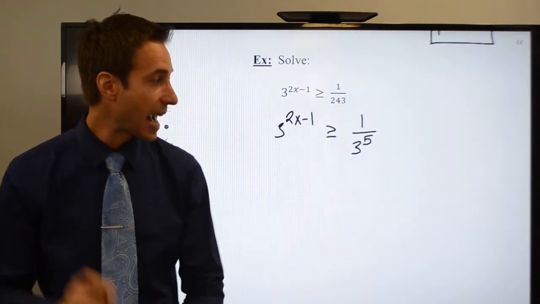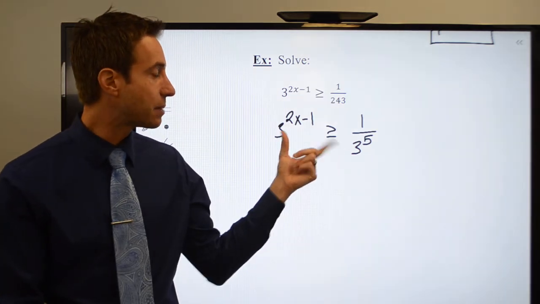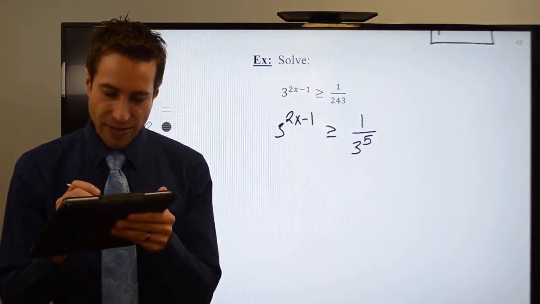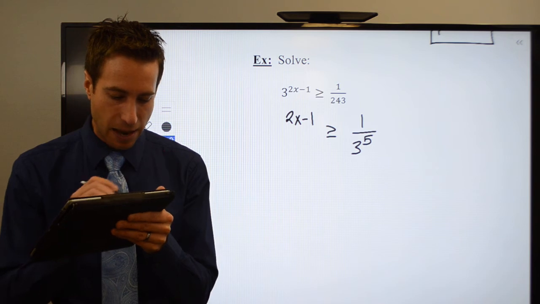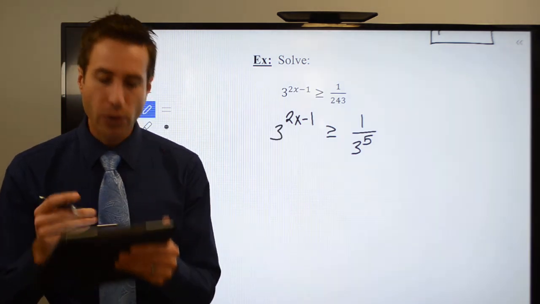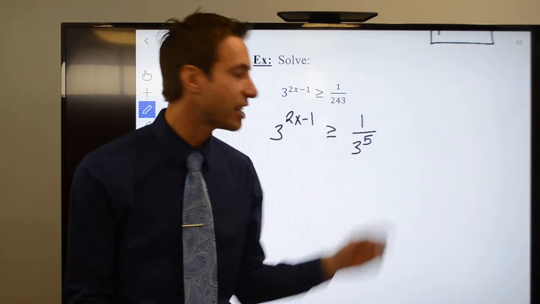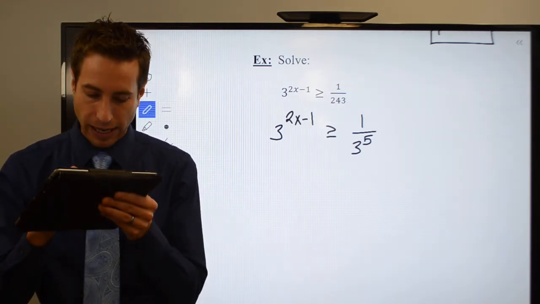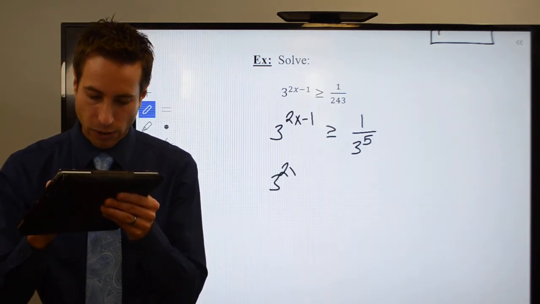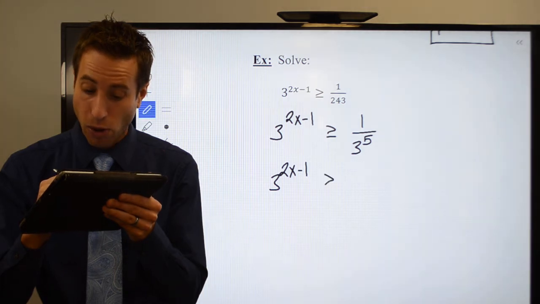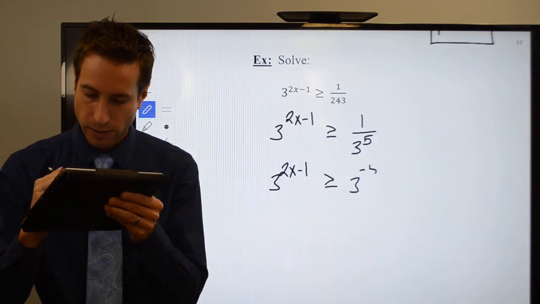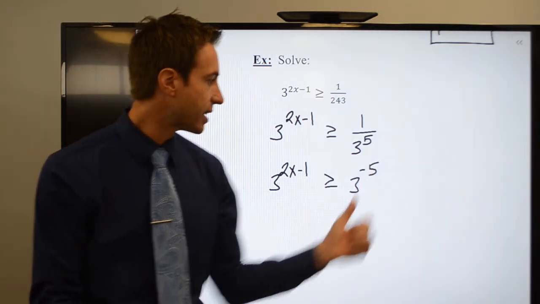Once again, I now have the same base, but my problem is that that 3 to the 5th is in the denominator, and that's no bueno, but we've already looked at how you fix that. Just change the sign of the power, and it'll bring it up into the numerator, thanks to our properties of exponents. There we go, 3 to the negative 5th.